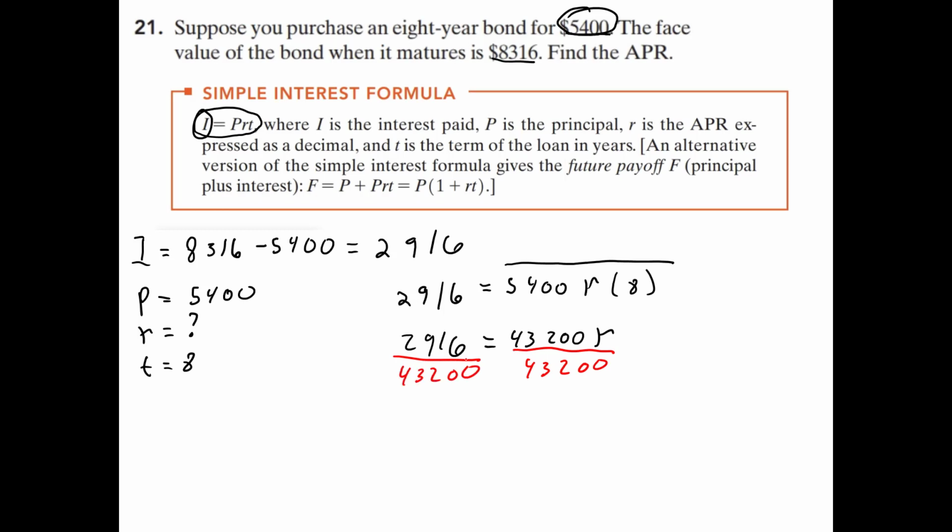The 2916 divided by the 43,200 is 0.0675, which is your R. That is an annual interest rate that should be written as a percent, so R is equal to 6.75%. The decimal point always moves over 2 places.